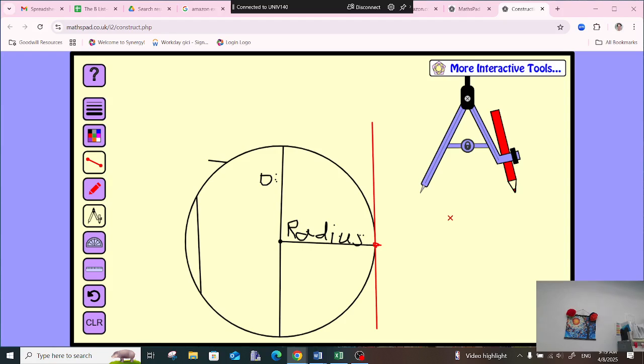Now, if it's touching a radius, what's interesting is that this will make a right angle if you did it correctly. So this is tangent. If it touches a radius, this will always make a right angle.